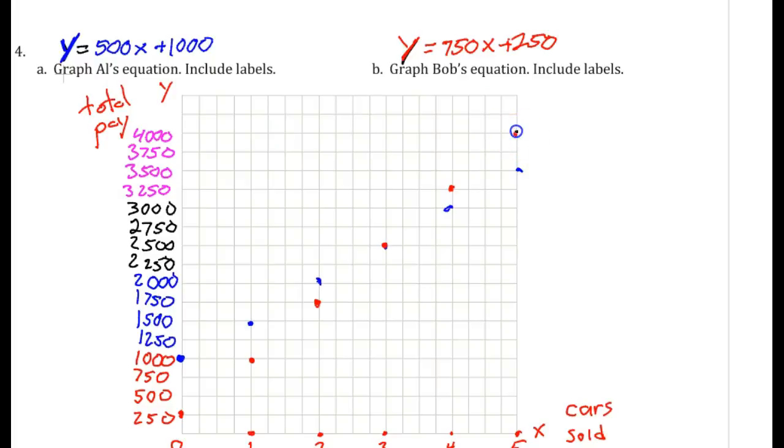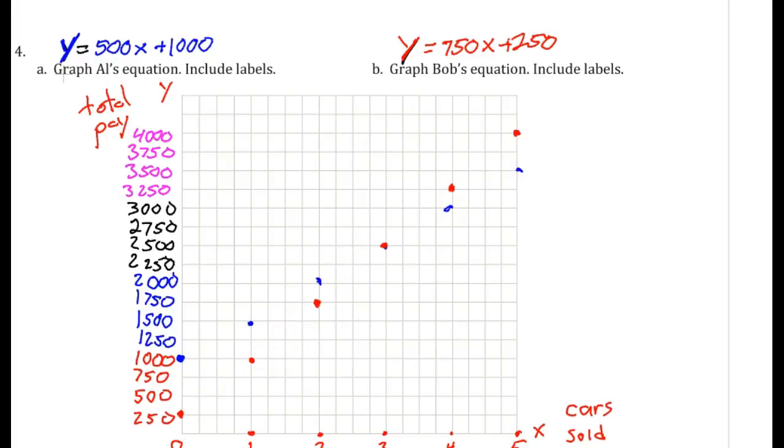Now, technically, this is good for our graph. We don't really have to connect it because there's really nothing between 1 car and 2 cars; it doesn't have a real meaning. Meaning you can't sell 1.5 cars or 1.75 cars. So it doesn't really make sense to draw a line.